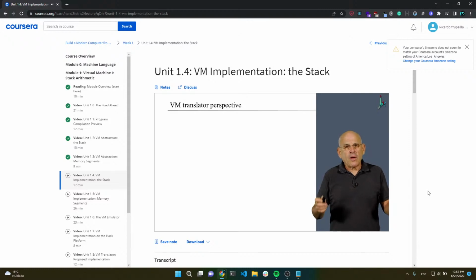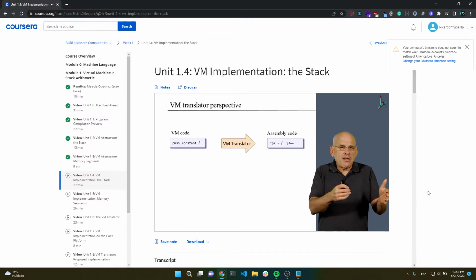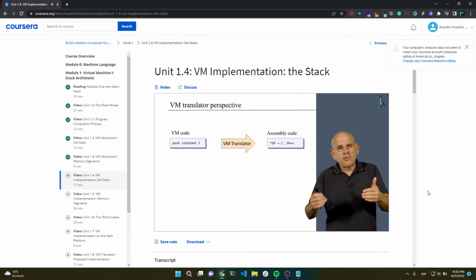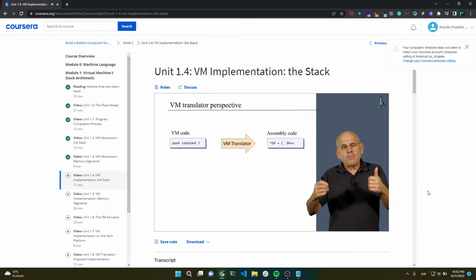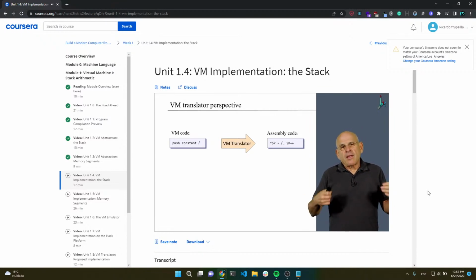In the next slide, we look at the generic command push constant I, and we see that in order to re-express it in machine language, we have to use the two pseudo commands asterisk SP equals I, followed by SP plus plus. Now, who is going to do this? The VM translator is going to do it. You have to write a program called VM translator, which you'll probably write using Java or Python.